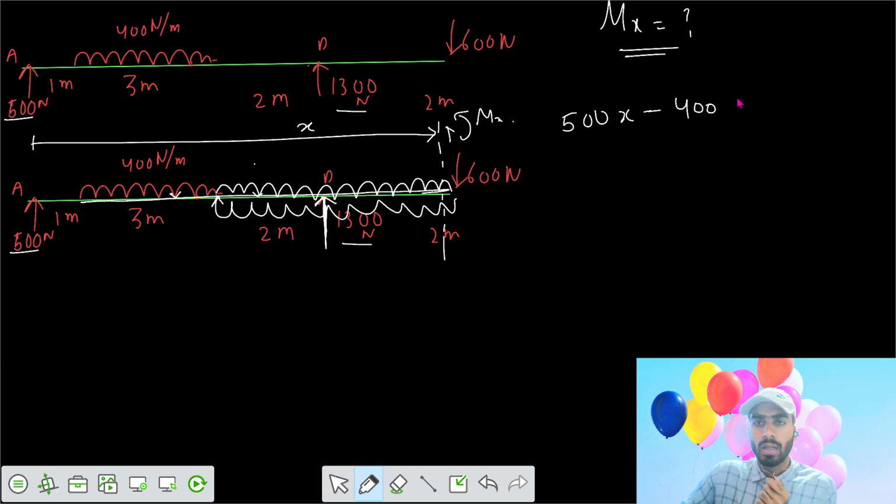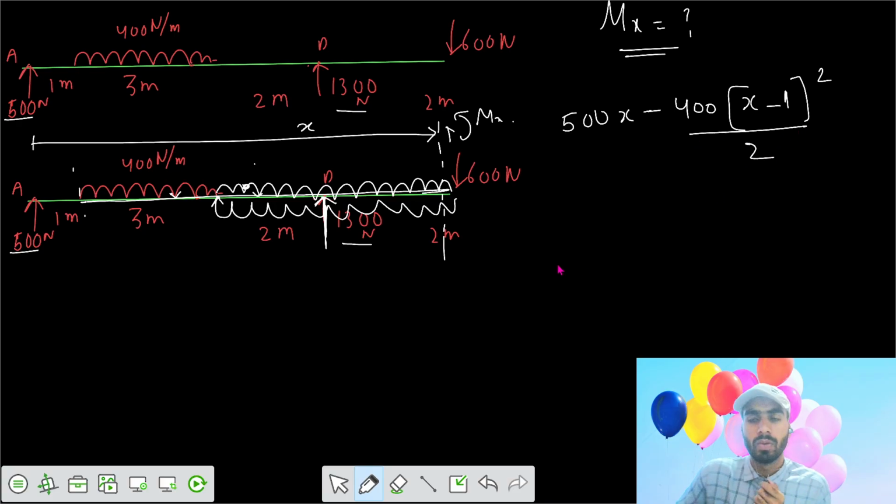400 into x minus the length 1 meter, x minus 1 meter, and its centroid would be somewhere here at x minus 1. Then we can write w(x minus 1) whole square by 2. Then after that, you have the upward UDL of the same intensity.